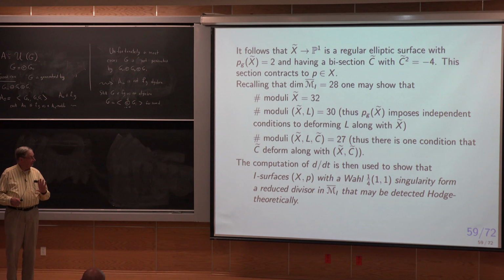So sitting in the boundary of the moduli of I surfaces, the 28-dimensional moduli, you have a 27-parameter family of these Wahl singular surfaces, whose resolutions then are elliptic surfaces with a bisection.